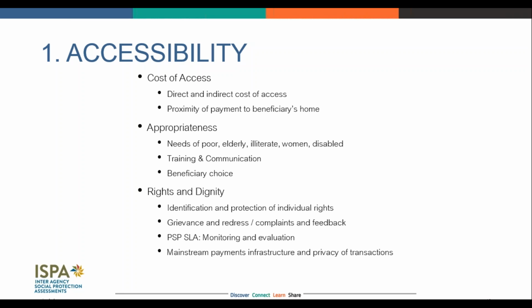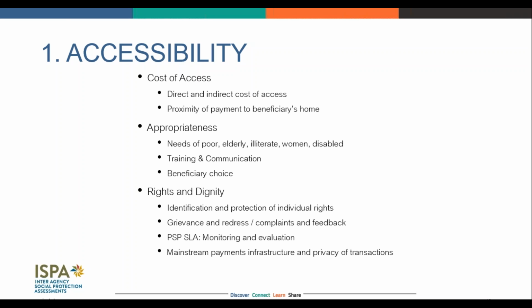Looking at these costs, it's important to think about whether or not the cost of delivery and the location of delivery is similar to other access of other services in a beneficiary's life. For example, looking at how far does an individual have to travel in order to reach healthcare facilities or education facilities.